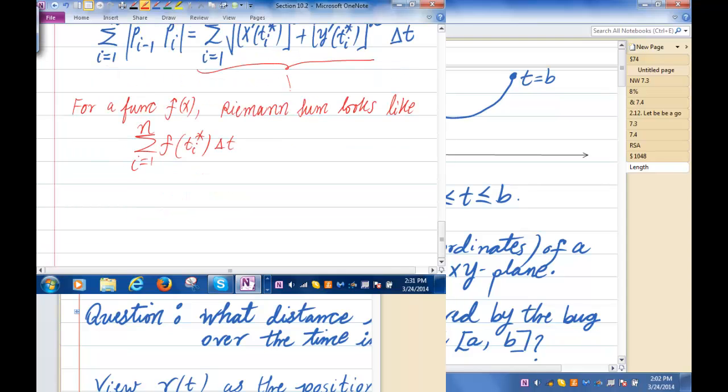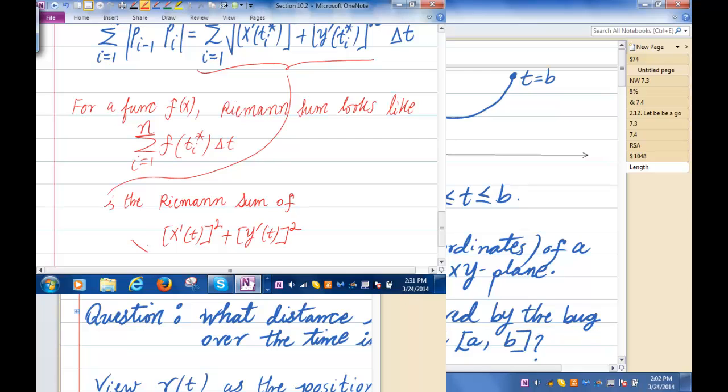This is the Riemann sum of the function square root of x prime of t squared plus y prime of t squared, right?